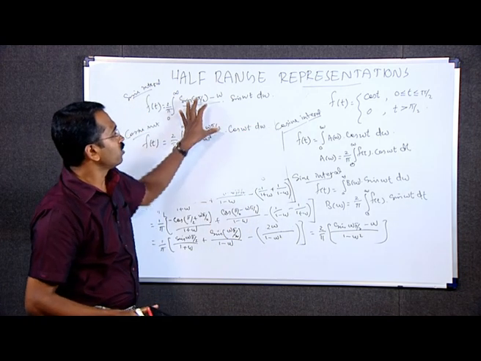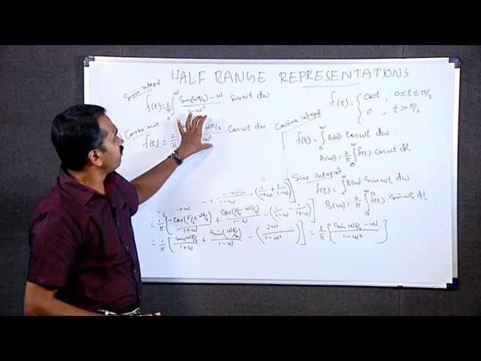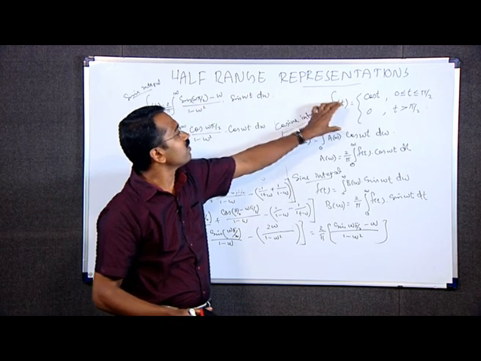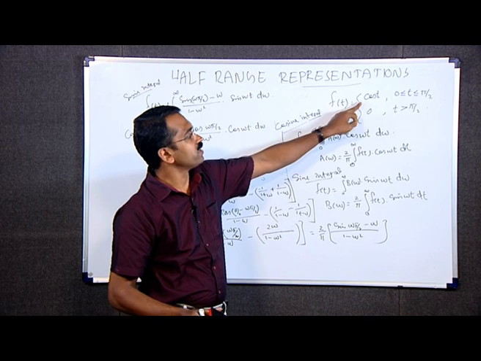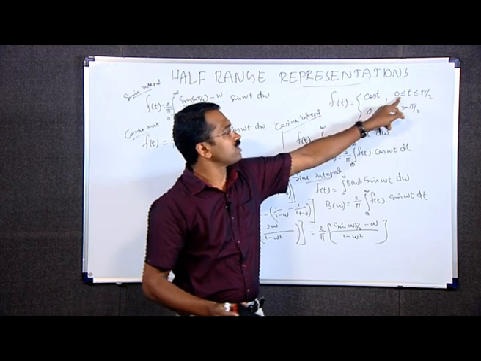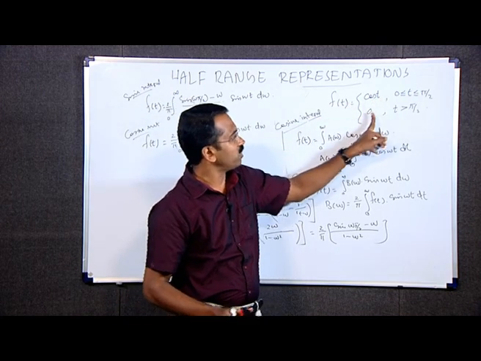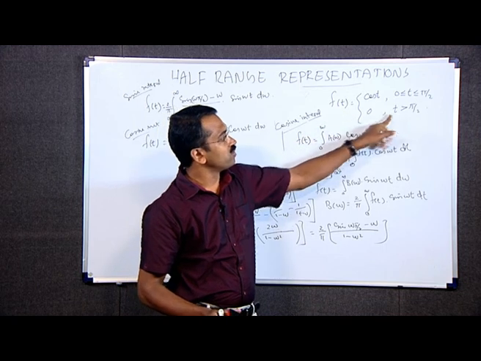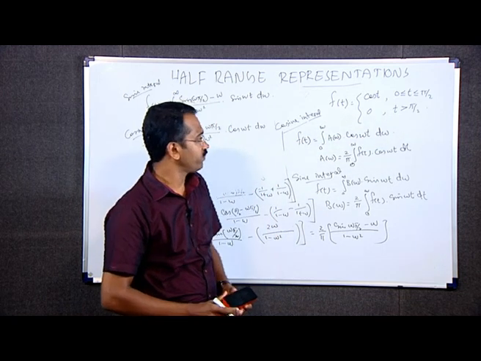Both the two representations will represent the same function f of t equal to cos t for 0 less than or equal to t less than or equal to pi by 2, and f of t equal to 0 for t greater than pi by 2.